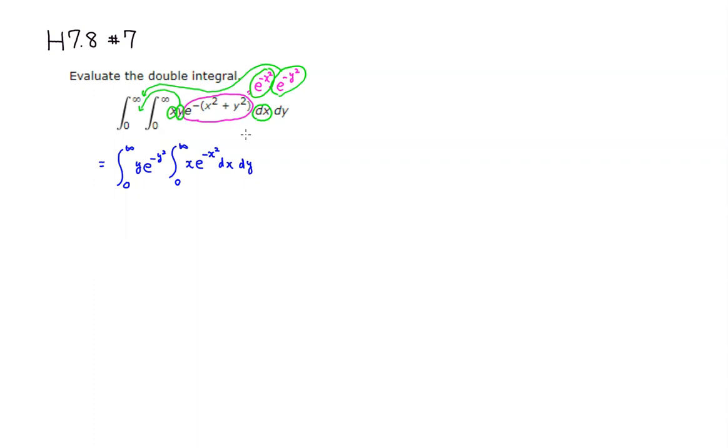Then you can see that if you look at the inner integral, it has completely nothing to do with y. There's no y involved, which means it's going to be considered constant. So we can kick this whole inner integral outside, since it's just a number.